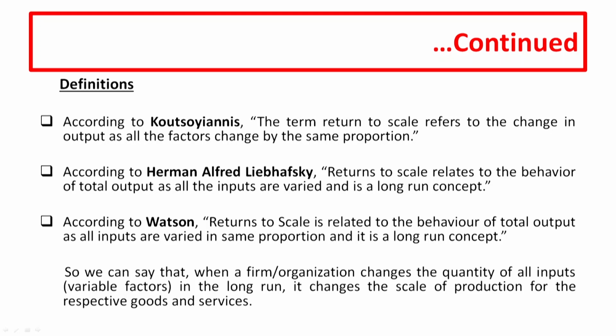So we can say that when a firm or organization changes the quantity of all inputs, the variable factors, in the long run, it changes the scale of production for the respective goods and services.